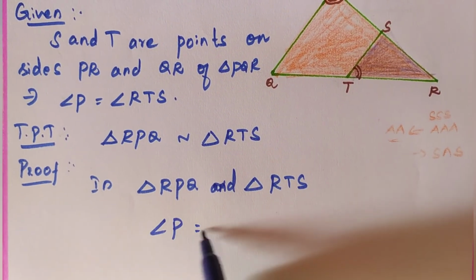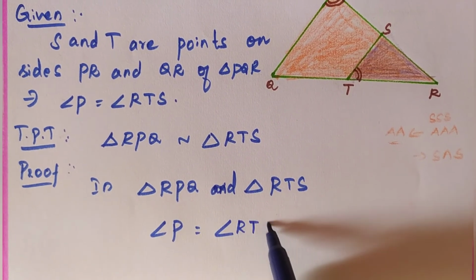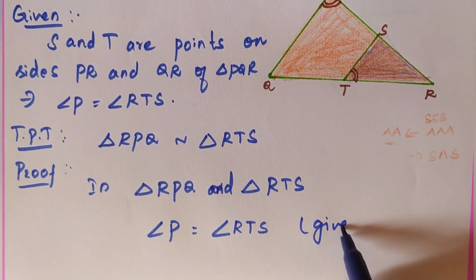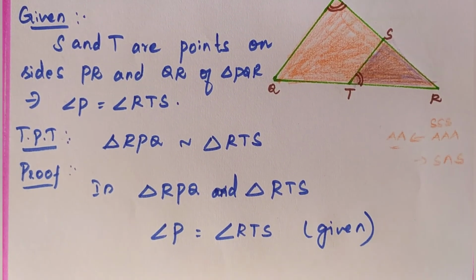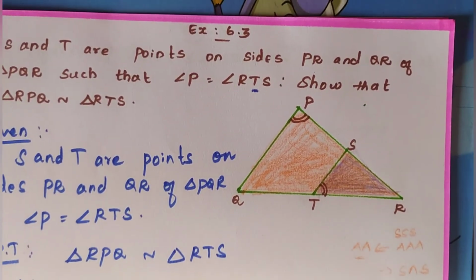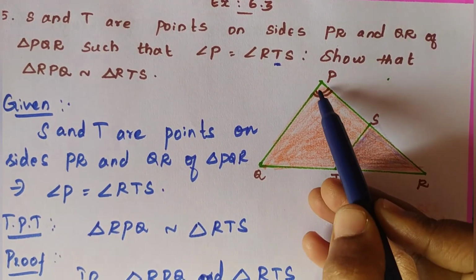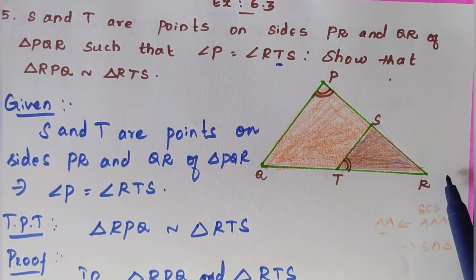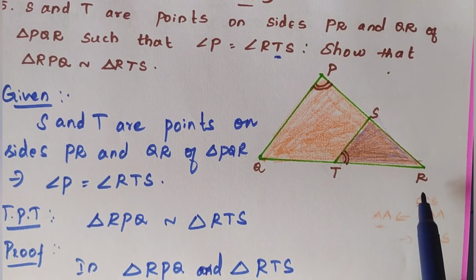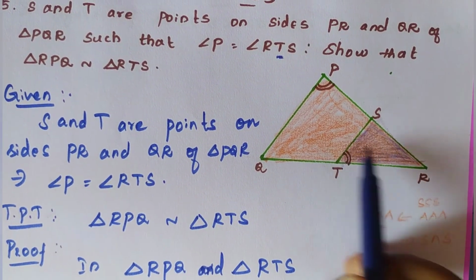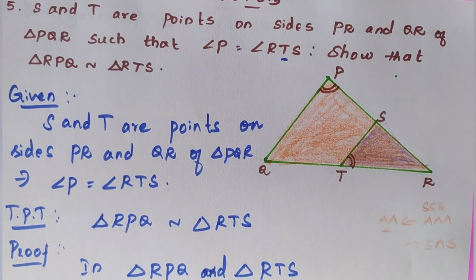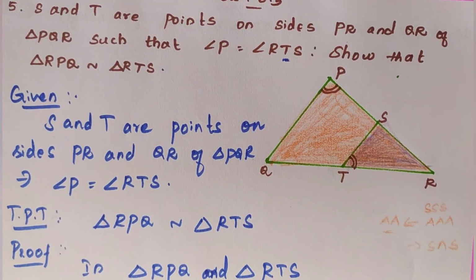What is given? Angle P is equal to angle RTS. It is given in the question. And one more angle we have to tell is equal. So which one is equal, Kana? First triangle is PQR, the orange color angle, and next one is RTS. In these two triangles, which angle is common?